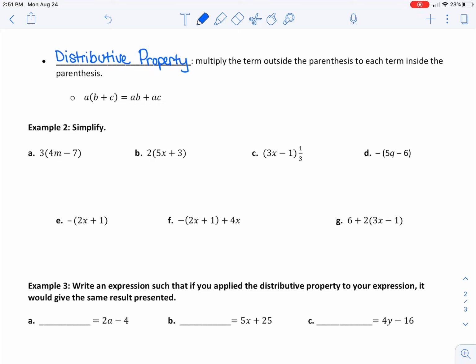Okay, so we're multiplying the terms outside the parentheses to each term inside the parentheses. So that's whenever we do the little arch and arrow to where we say A times B is AB, A times C is AC. Okay, so we're going to do some examples of that. Like I said, this should all be review.